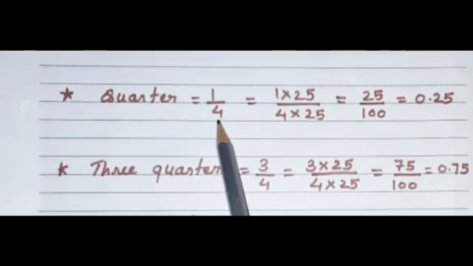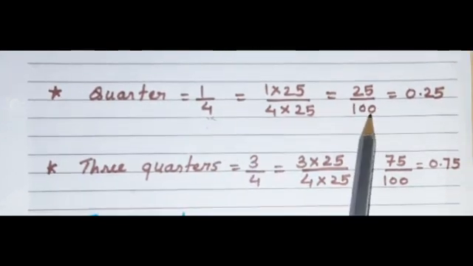So we cannot make denominator 10 for the fraction 1/4. Now we change the denominator to 100. Is 100 divisible by 4? Yes, 100 is divisible by 4 because 25 4s are 100.